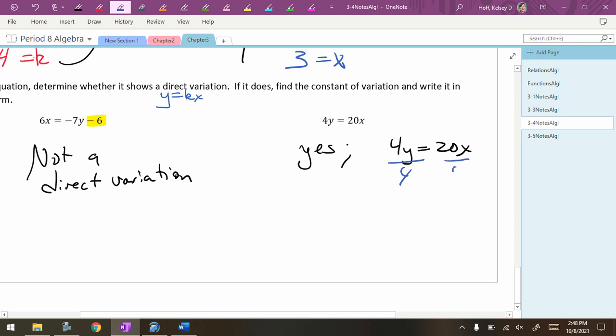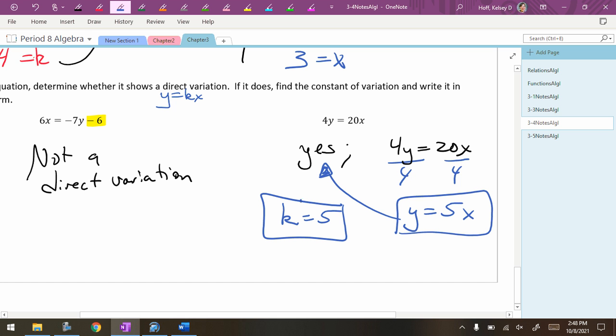Divide by 4, y equals 5x. So there's my equation in simplest form. My constant of proportionality then, or my k, is 5. Y equals kx, or y equals mx.